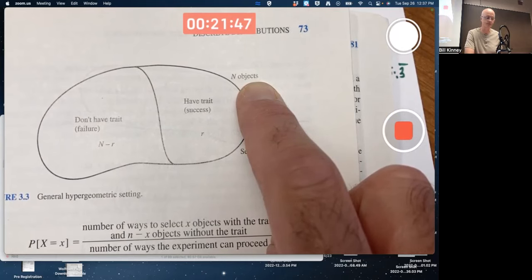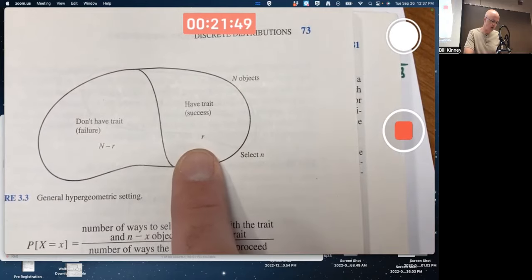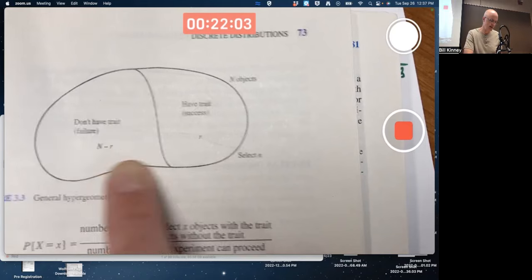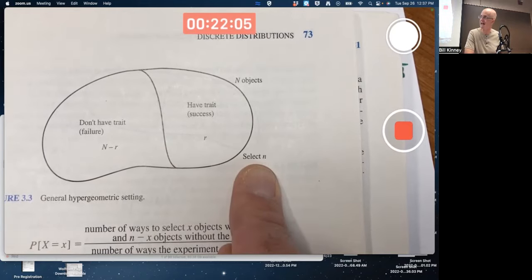Capital N is 5. You've got R that have the trait that you're interested in, red in our case. R is 3. And N minus R that don't have that trait, those are the green M&Ms. 5 minus 3 is 2. You're selecting a sample of size little n. I was selecting 3 M&Ms without replacement. That's the key thing here. It's without replacement.